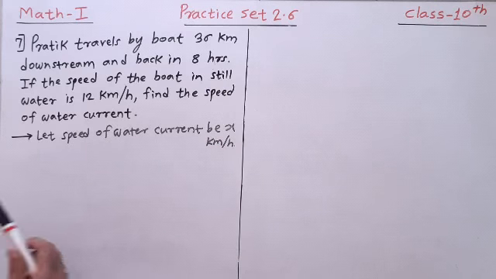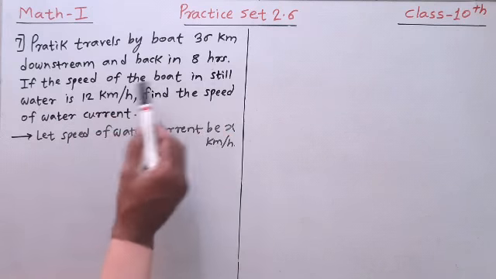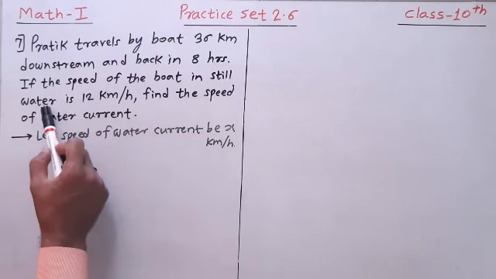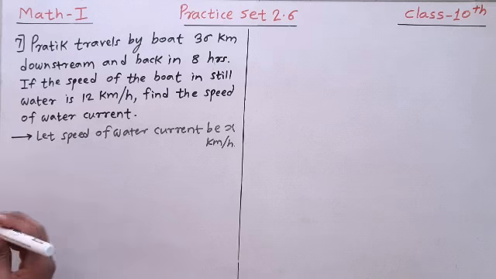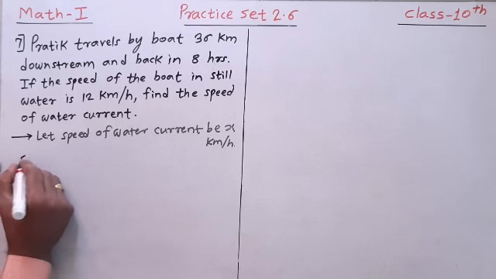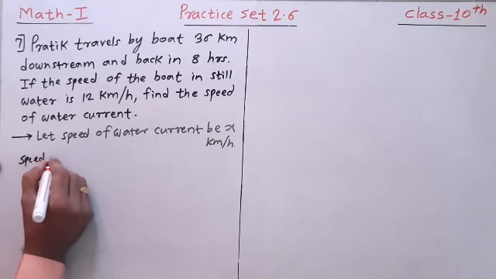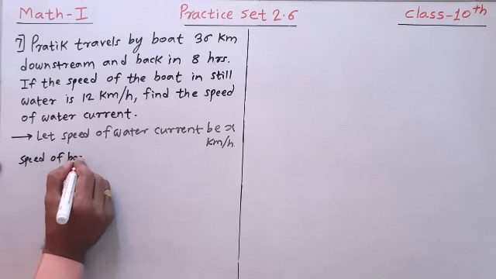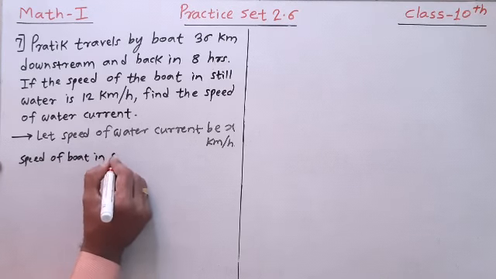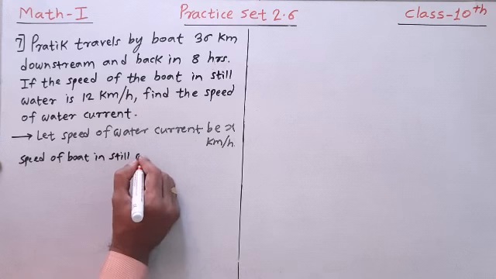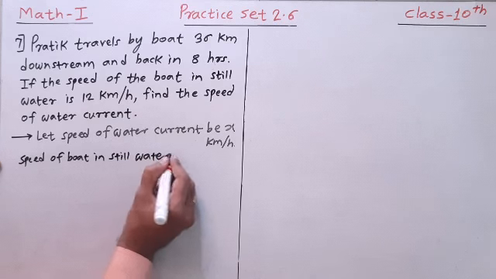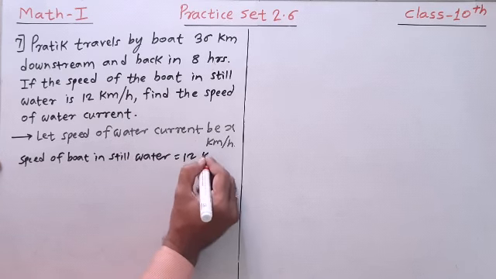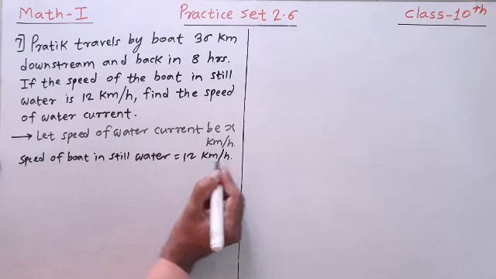Now the speed of the boat is also given in still water. Still water means water which is stable, it is not flowing. Speed of boat in still water, it is given 12 km per hour.